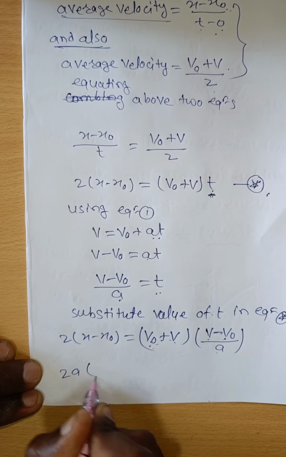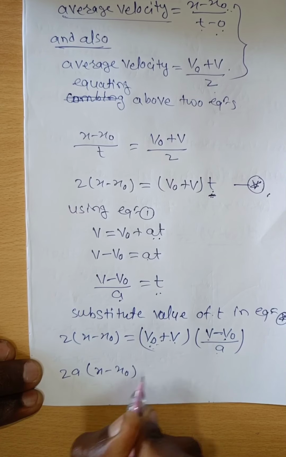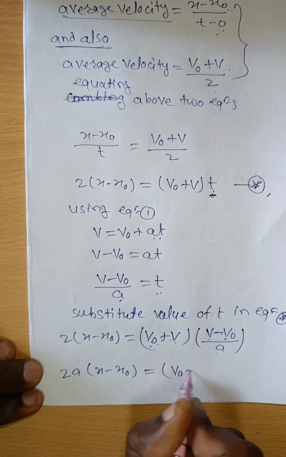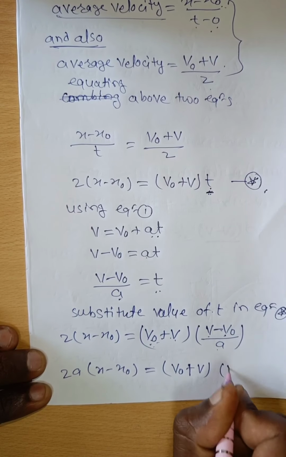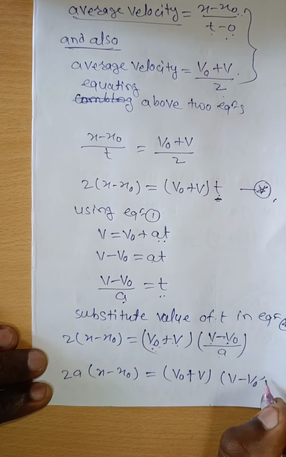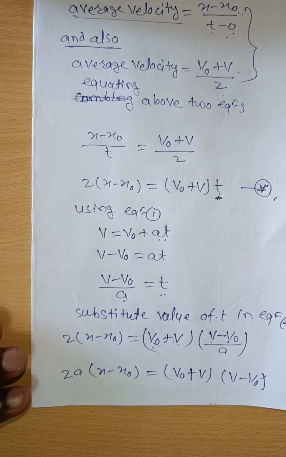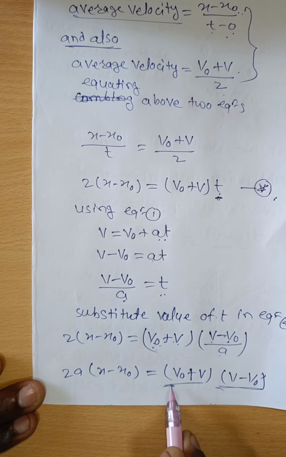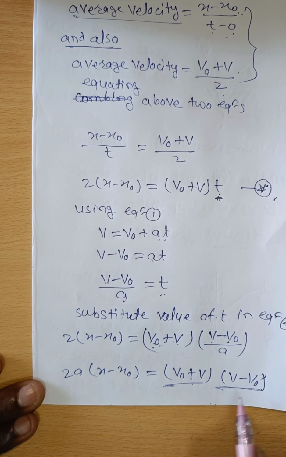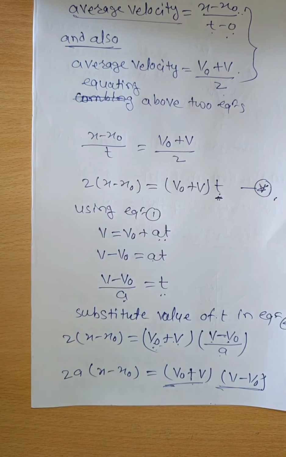Therefore 2a into x minus x naught is equal to v naught plus v into v minus v naught. Here, this is v naught plus v and this is v minus v naught.